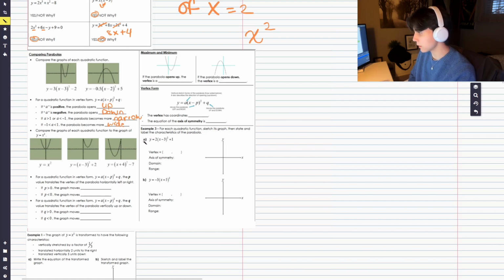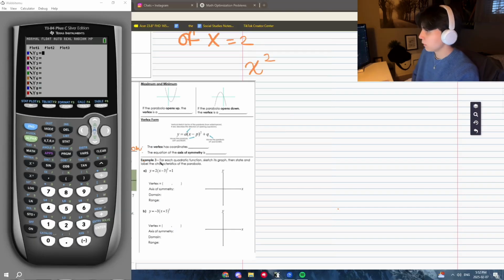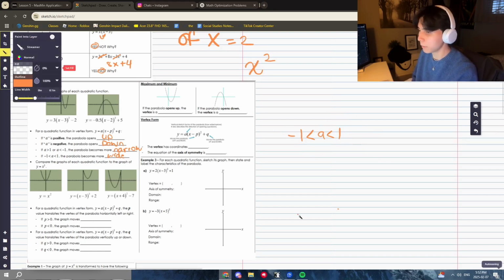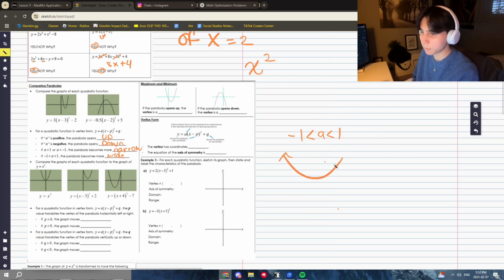So we can actually test this concept out here. Following the rules that we said, if a is within this range, between -1 and 1, then we're going to have a parabola that creates a more wide shape.